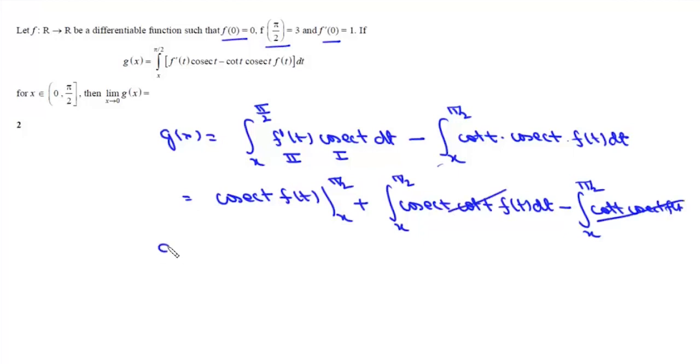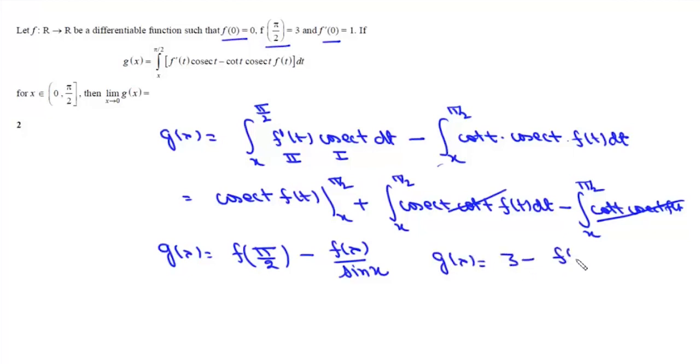So g(x) will be cosec pi/2, which is 1, times f(pi/2) minus f(x) upon sin x.